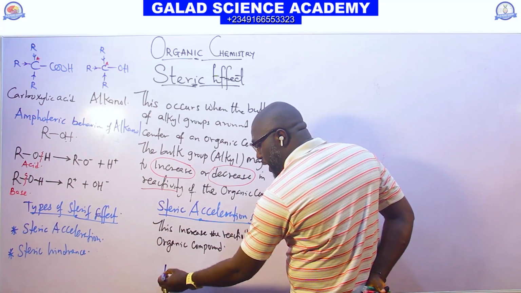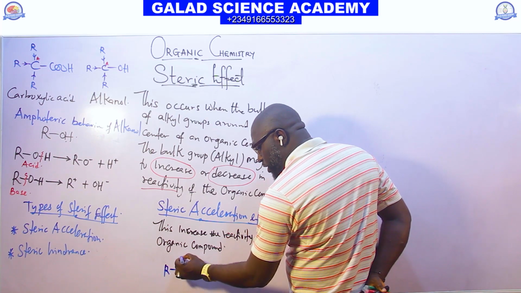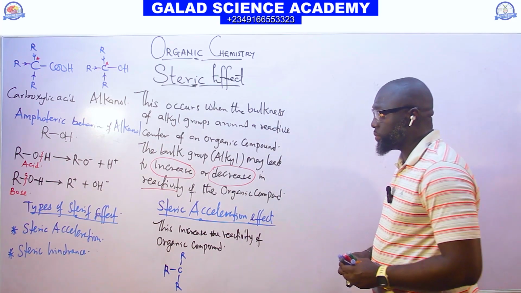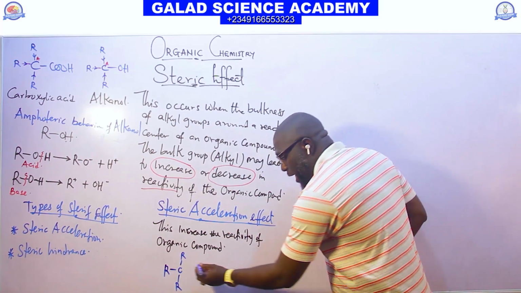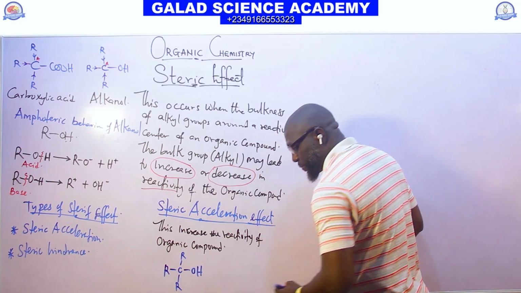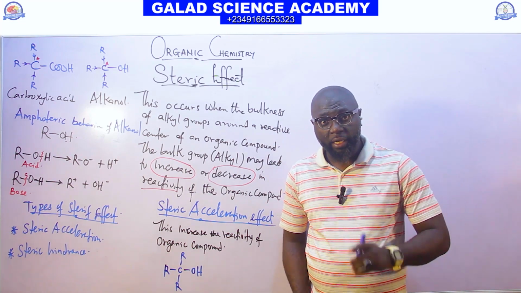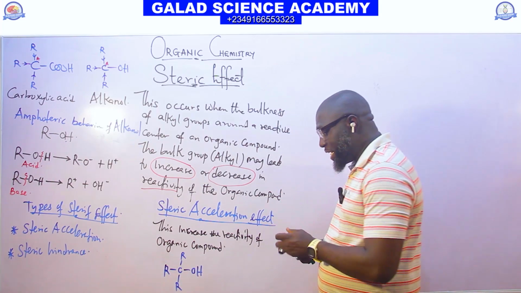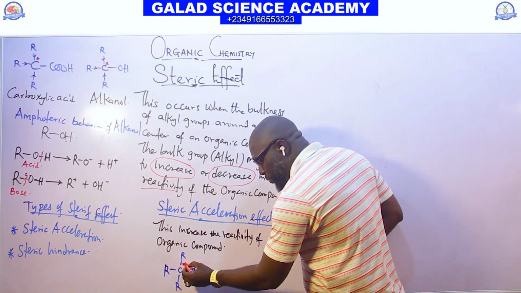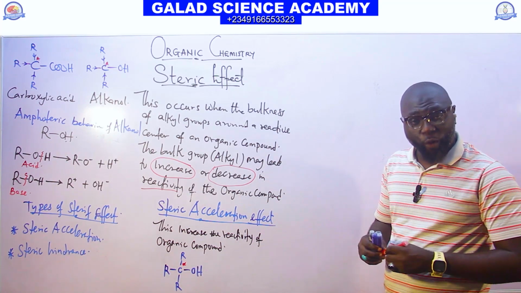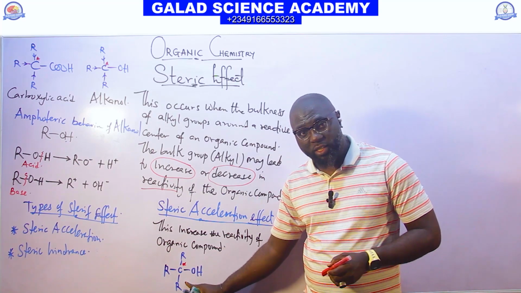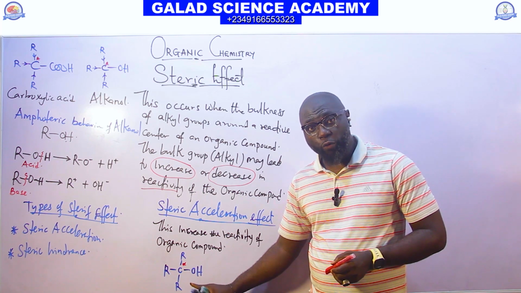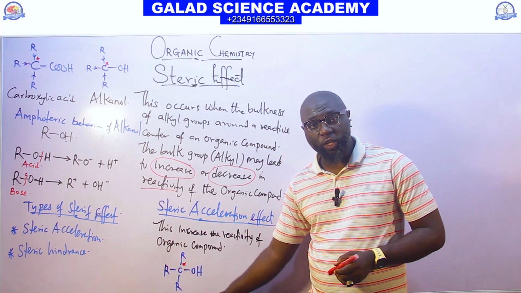An example of steric acceleration is, look at this compound now. If we have R, R, R here, and assume I now put OH here, the presence of these three alkyl groups on this reactive center carbon atom will favor the basicity of this compound.